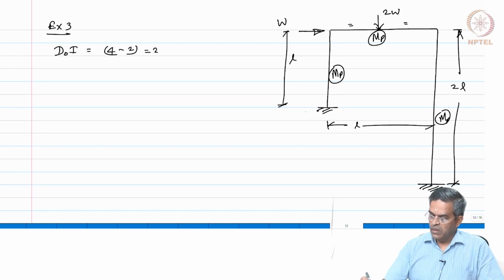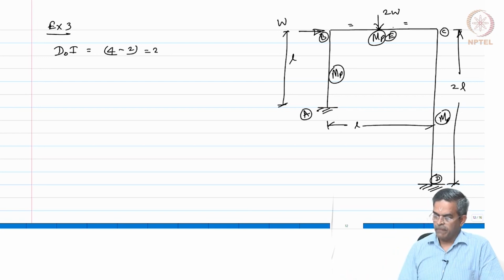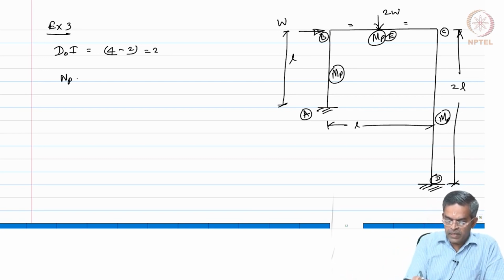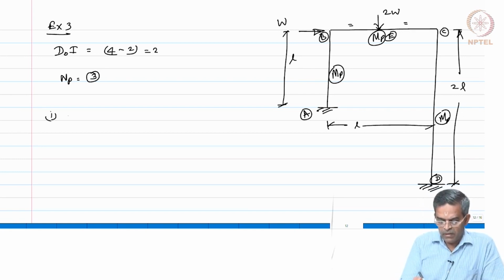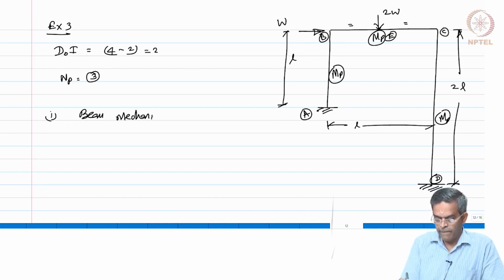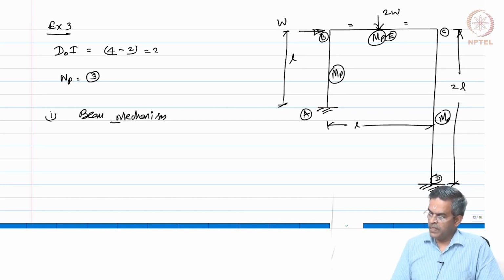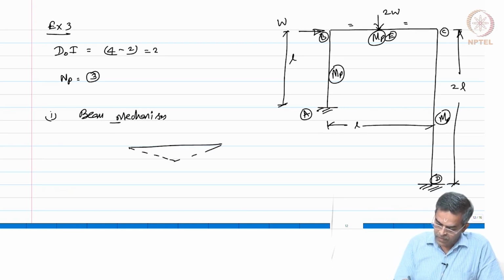So, this is A, this is B, this is C, this is D and this is E. We need 3 plastic hinges to make it a mechanism. So, we will start with the beam mechanism. We assume hinges at B, E and C. So, it is a beam mechanism, with a hinge here, here and here.